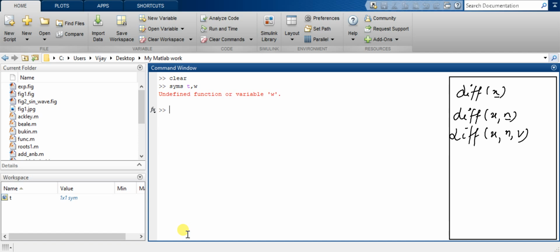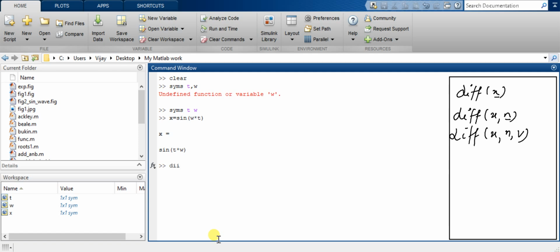There is no need of putting a comma. So we define two symbolic objects, t and w, that are stored in workspace. Now we have one expression x equal to sine of omega t, where it is w into t. When you execute this, x will store sine t w.